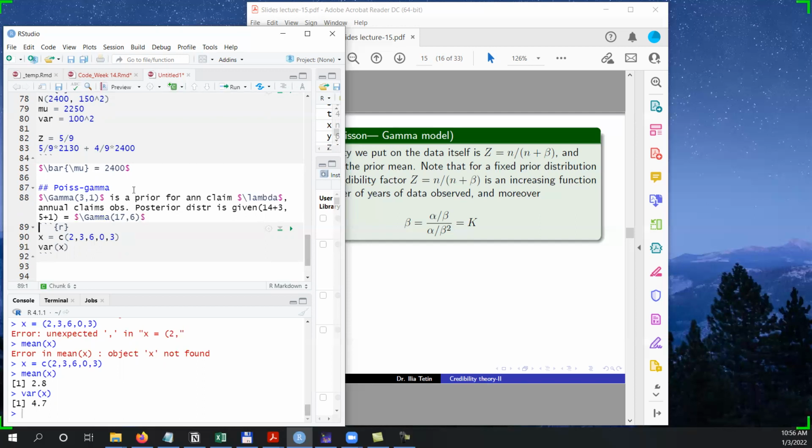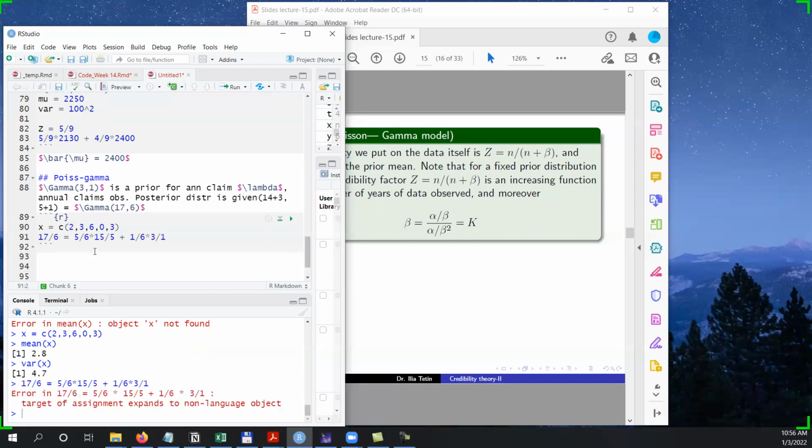So we have the credibility estimate. The credibility estimate is 17 over 6. This is 5 over 6 times 14 over 5 plus 1 over 6 times 3 over 1.